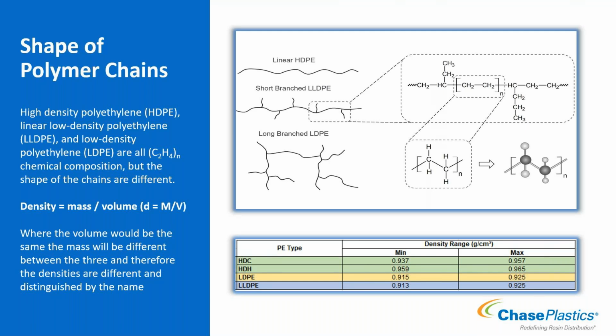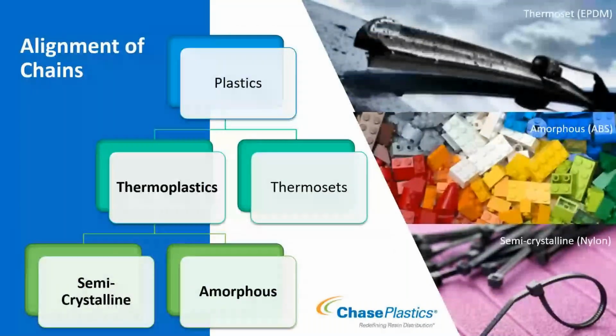Okay, and then lastly, we have what we call the alignment of the chains. If your chemistry is different or your chains are different, the last one is going to be how they then align themselves within the matrix of the material. Our overarching polymers, we have plastics is what we're referring to.